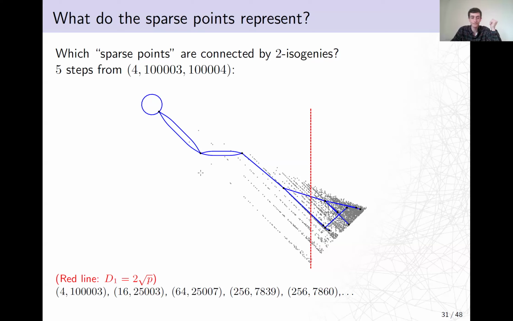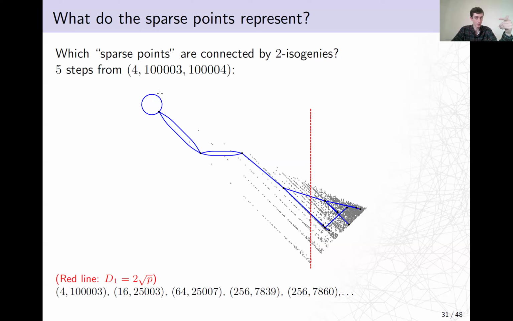So from this point with d1 equals 4, I get to a point with d1 equals 16. This point here is 16, 25,003. Take another step and I land on a point with d1 equals 64. Another step and I land on 2 points that are very close to each other, with d1 equals 256.